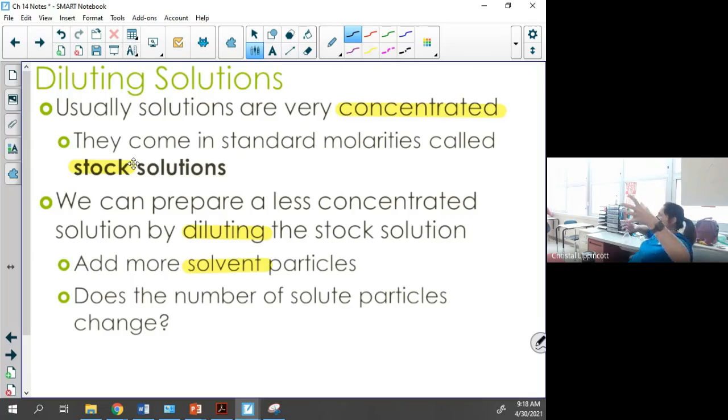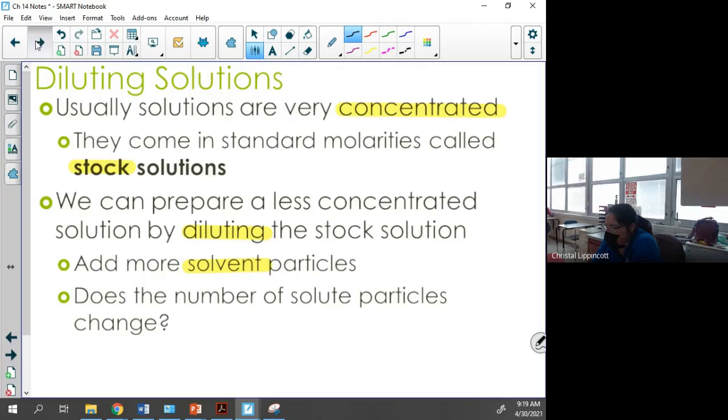The other benefit is it's much cheaper to send me one container of this concentrated stuff than a bunch of containers of more dilute. So what we do is we have to weaken these concentrated solutions, which they call stock solutions. We have to add water to them to make them less concentrated.